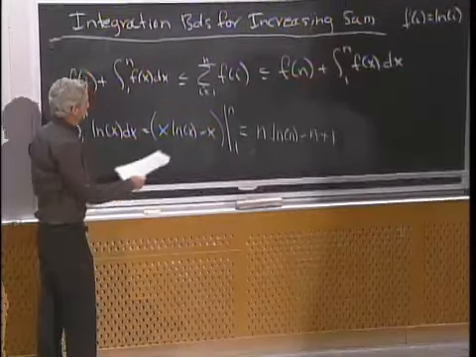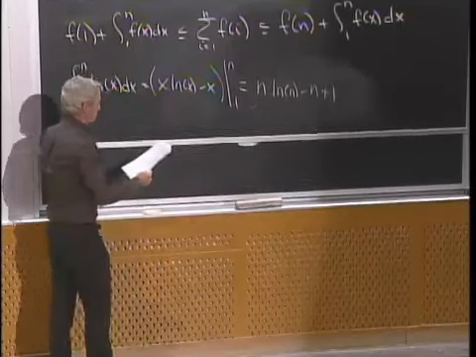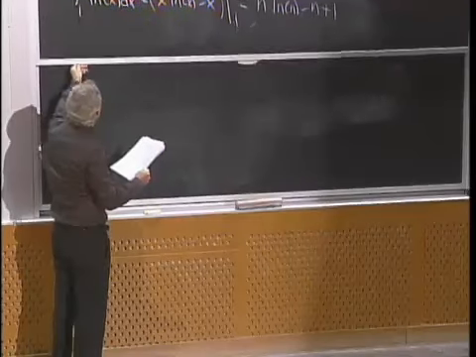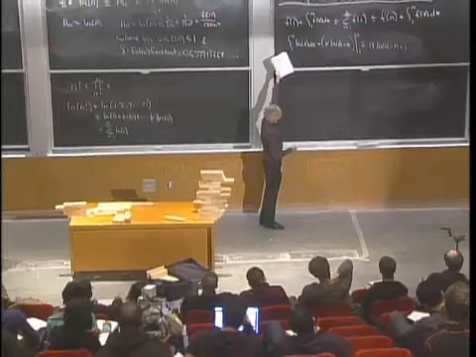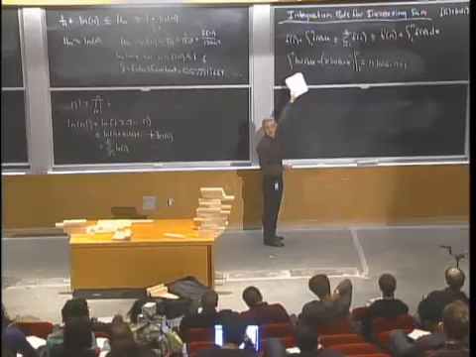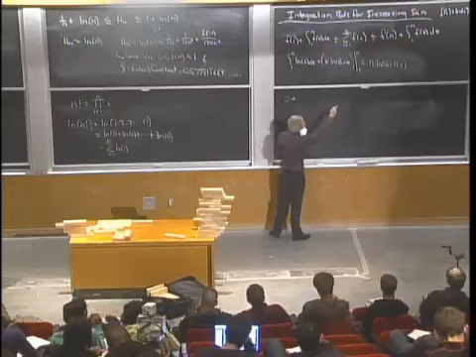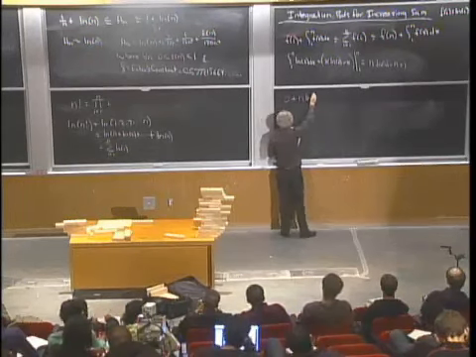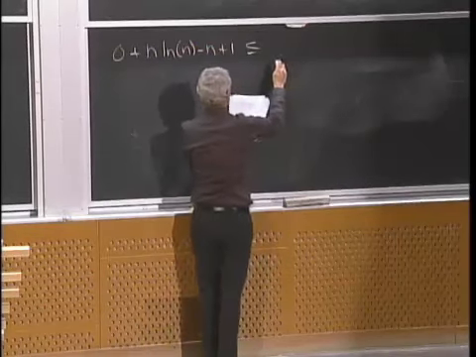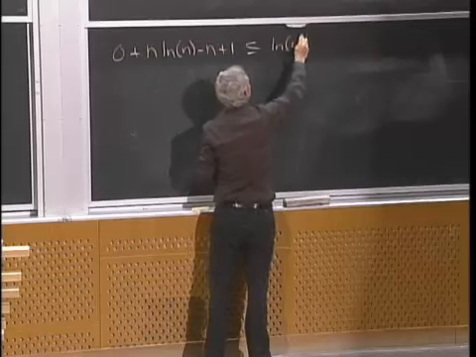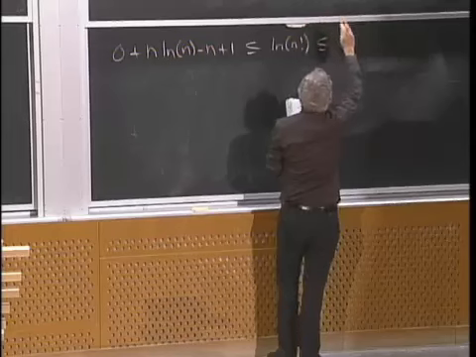All right, and so now we'll just plug this into the integral, and we'll get our bounds. So f of 1, what is f of 1 in this case? Yeah, 0 plus n ln n minus n plus 1 less than or equal to log of n factorial less than or equal to f of n, which is log of n plus the integral.